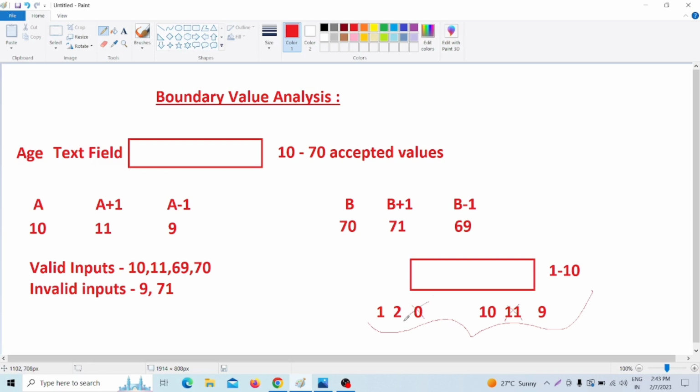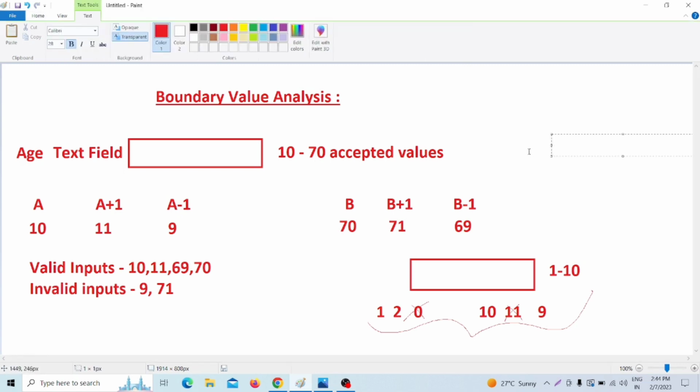Or we can arrange that like, suppose, what is the rule for that? A plus 1, A minus 1. So suppose if we write like this, this is the A. I am writing here A, and here A minus 1, and here we are writing A plus 1.